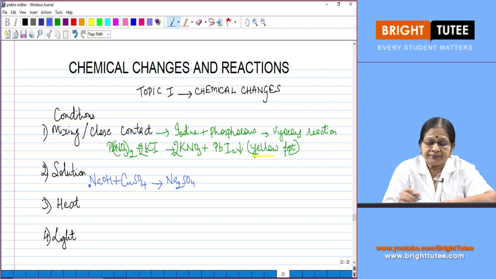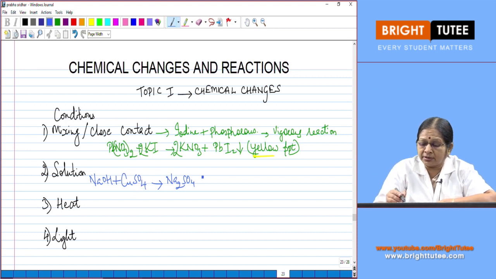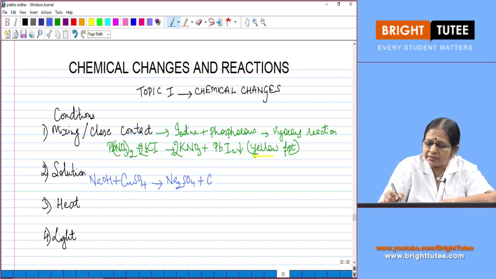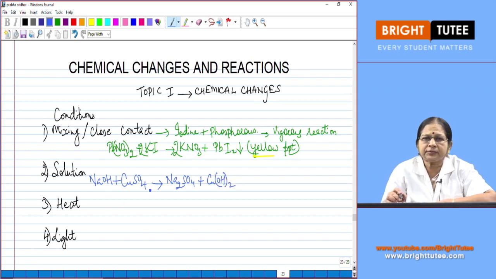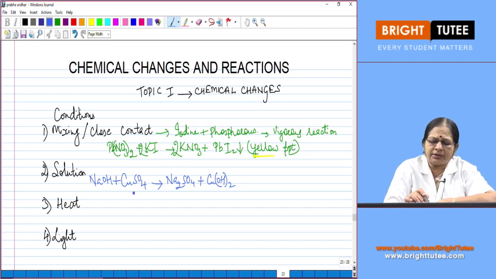Solution form is where the reagents, sodium hydroxide and copper sulfate, are used. Unless you dissolve them in water, they won't show any reaction. They form a compound, copper hydroxide. This is precipitation. But again, everything should be in soluble form, then only does the reaction happen.